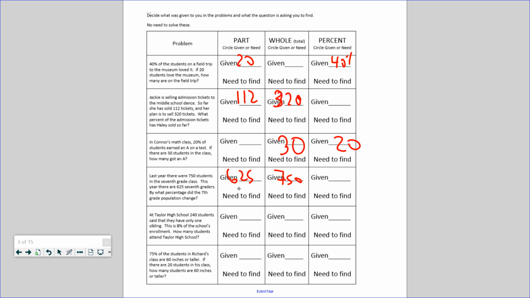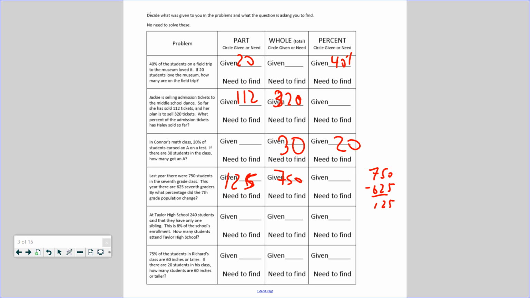And this one is how much it changed. So by what percentage did the 7th grade change? It changed from 750 to 625. What part changed? 125. So that's 125 out of 750.